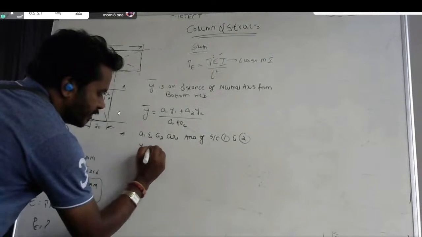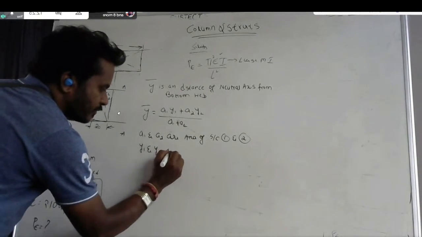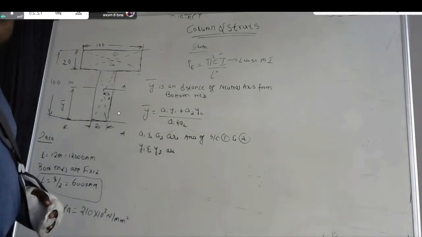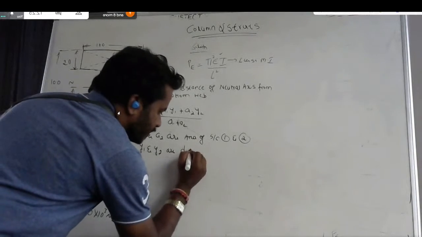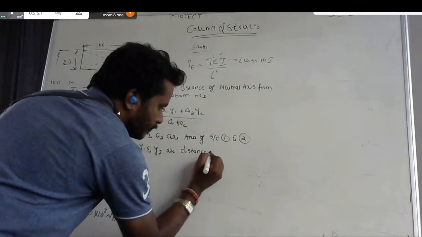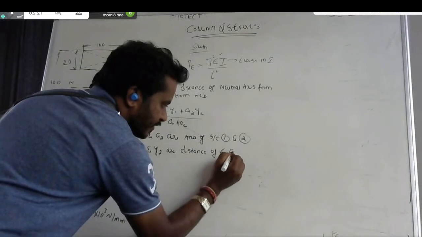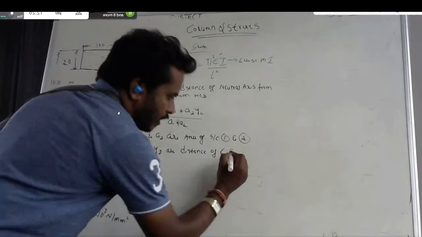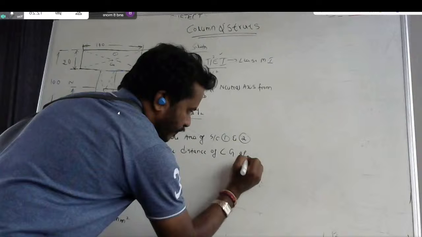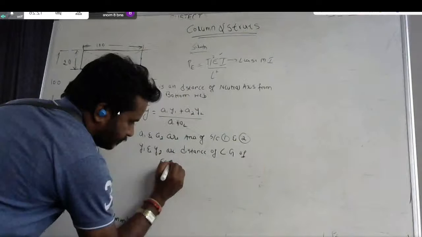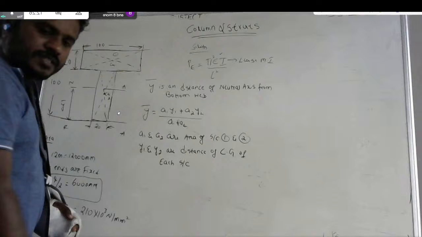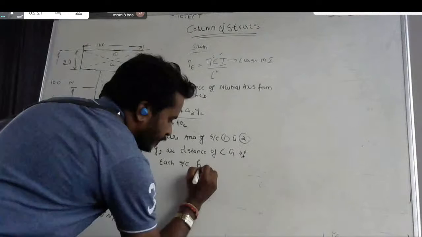And what is y1, y2? y1, y2 are the distance of center of gravity of each section from the bottom web.